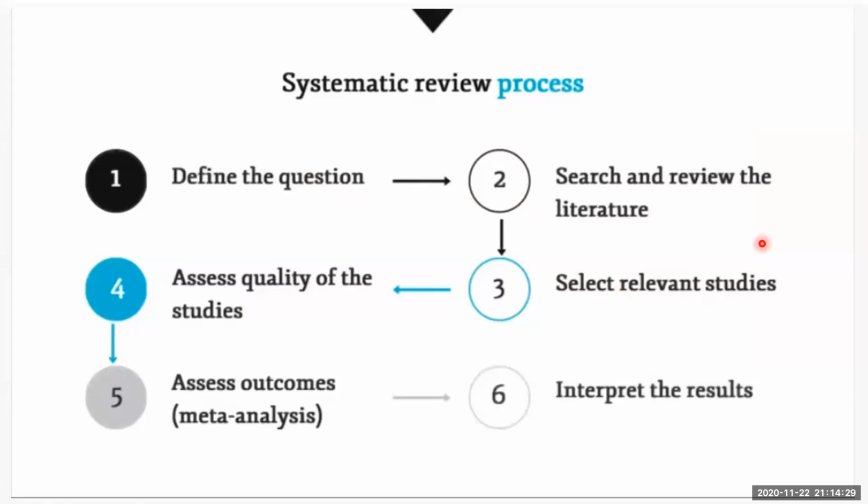There may be some selection bias in this step. And then assess the quality of the studies and assess the outcome by doing a meta-analysis, collecting all the data from the selected studies, and then interpret the results.